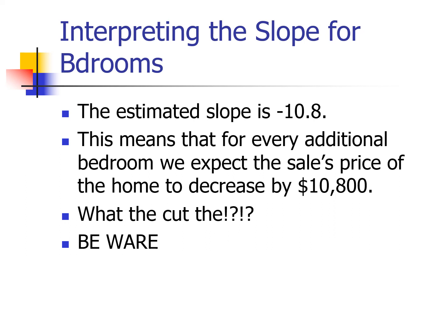Another variable is the number of rooms in the house. So in this case, the slope doesn't really have much of a useful interpretation, because it doesn't really make sense for bedrooms to be increasing while the other variables stay constant.